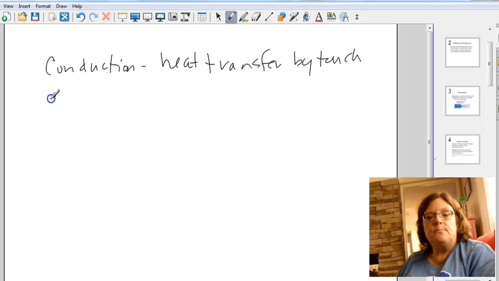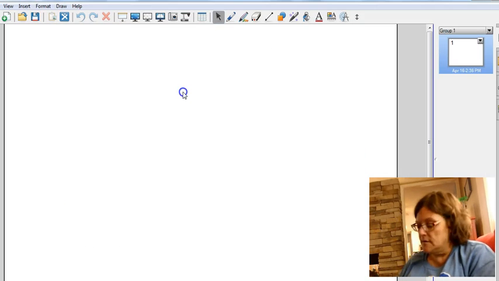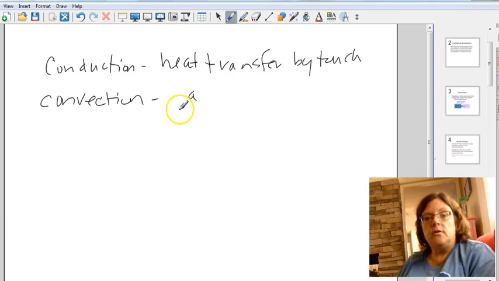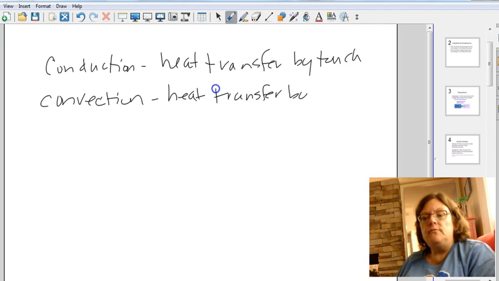There's convection. Some of you may have a convection oven at home. That is heat transfer by moving fluids. And I have to define fluids.